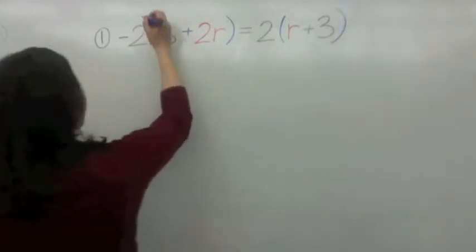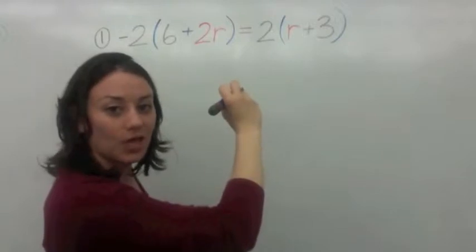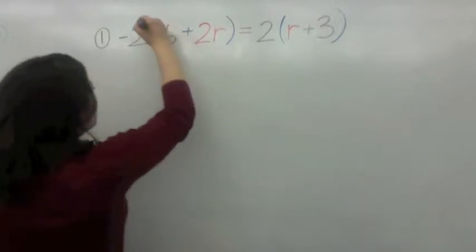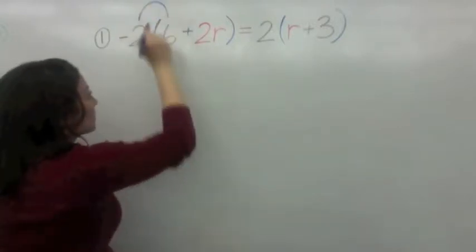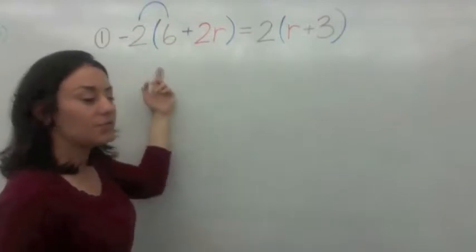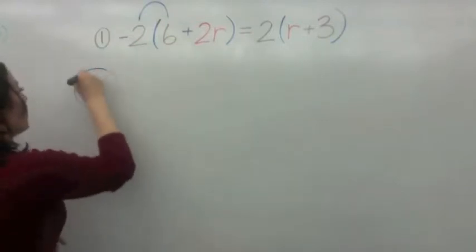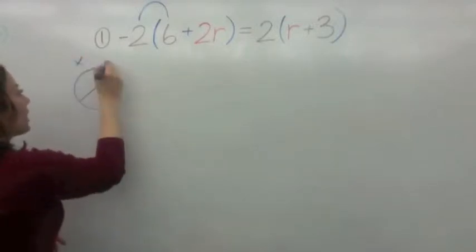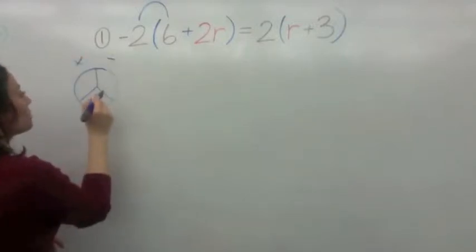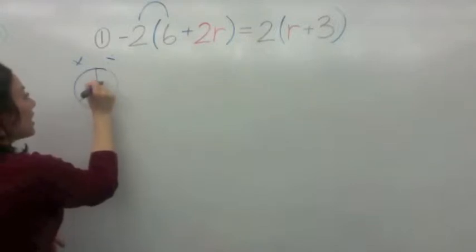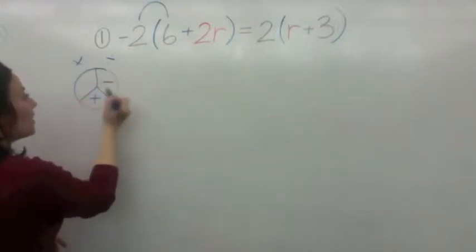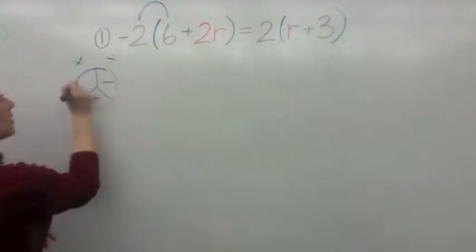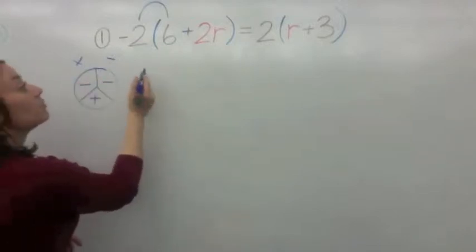Okay, we're on number 1. So you're going to say -2 times 6. Remember that when you are multiplying, you have a negative times a positive. -2 times positive 6 is going to be negative 12.